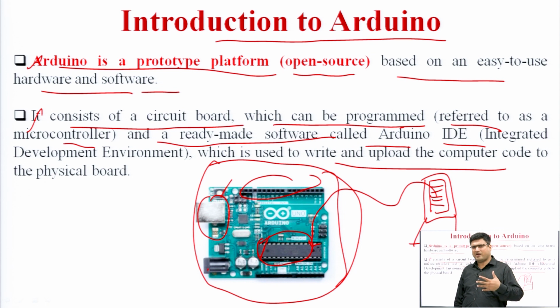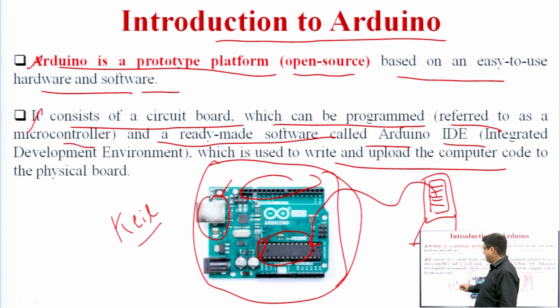It is like the 8051 microcontroller. In 8051 you program in the Keil software, and after programming you can burn that code into the 8051 chip. This code can be rewritten again and again, depending upon the number of cycles of the particular chip. This is the Arduino board, and in the same way Arduino works.